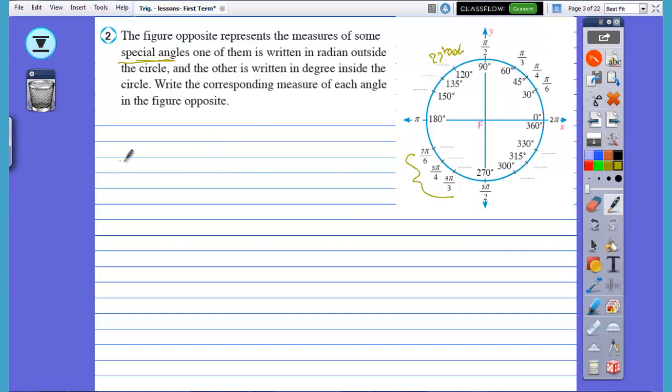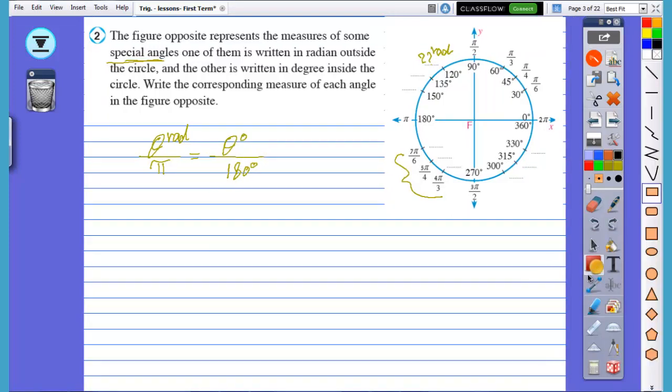The very important rule we will use is theta radian over pi equals theta degrees over 180 degrees. So we'll find the angles in the second quadrant.